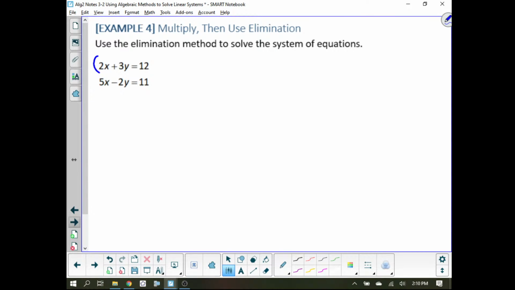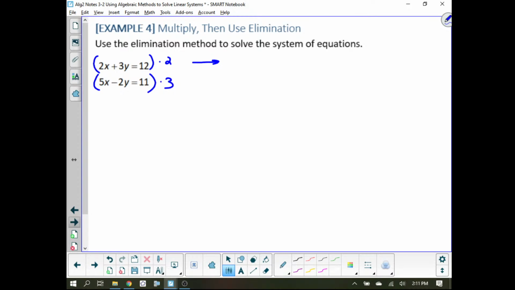I need to multiply the top by a certain number and the bottom by a certain number. What should I multiply the top by? 2. And then multiply the bottom by 3. Then both coefficients will be 6 and -6, so they'll drop out. When you multiply the equation, make sure you multiply all parts of it, so it's going to multiply the left-hand side and the right-hand side.